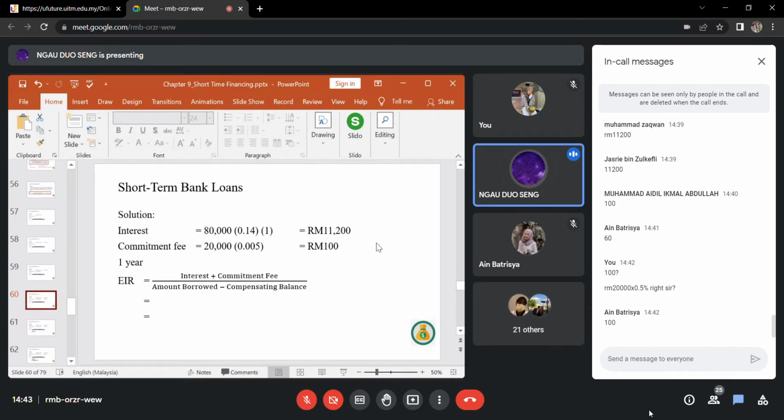So it is 100. Then you put in the interest 11,200 plus commitment fees 100. The amount borrowed is 80,000. Compensating balance is not mentioned in the question.